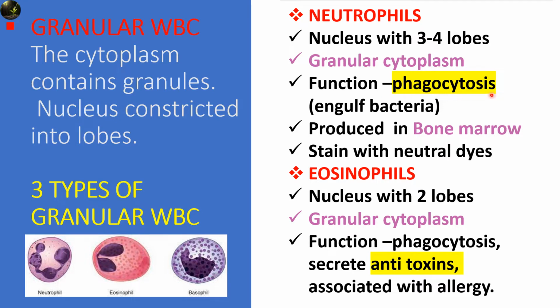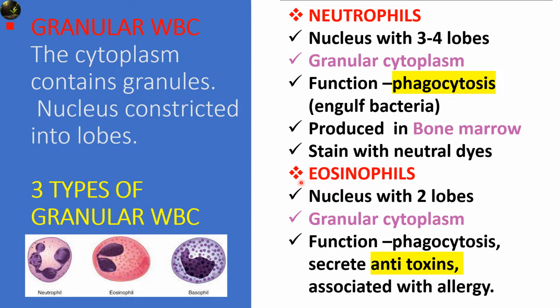That is phagocytosis. That means it engulfs bacteria. It is produced in bone marrow. Then it's stained with neutral dyes. It is very easy to remember neutrophil because it's stained with neutral dyes.